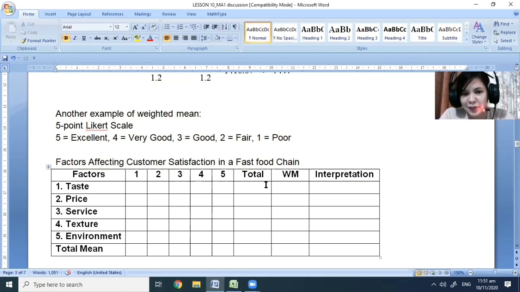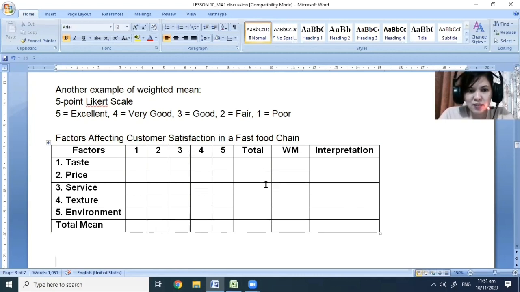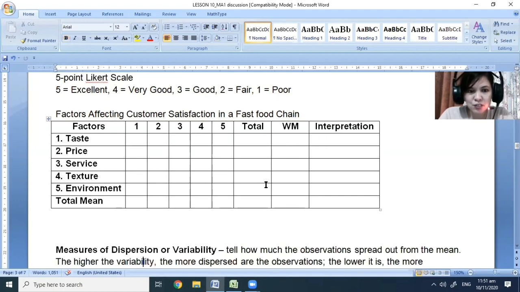And then we have the scale, 1 to 5, then the total, then the weighted mean, then the interpretation. At the bottom, the grand mean or total mean, as we get the average of all the weighted means from the 5 factors provided.